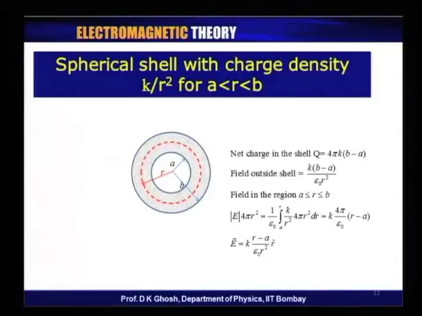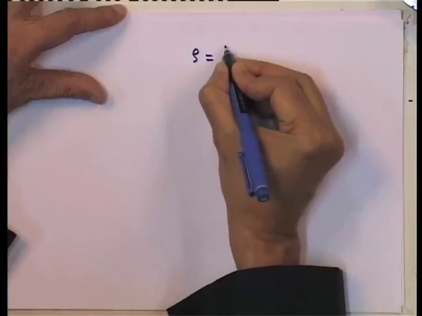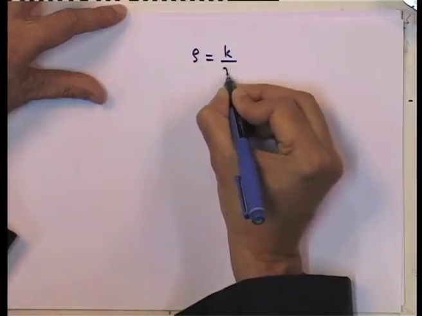First, if you look totally outside the shell, somewhere in this region, my calculation is identical, because the amount of charge that is contained is all that we have to calculate. I have given that this is a spherical shell with charge density k by r square for a less than r less than b. So, rho is some constant k by r square.